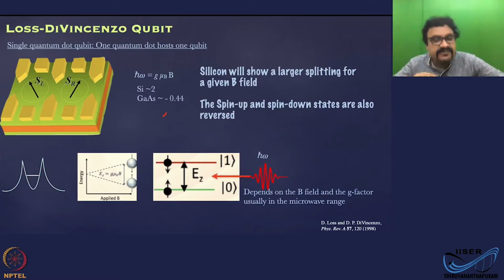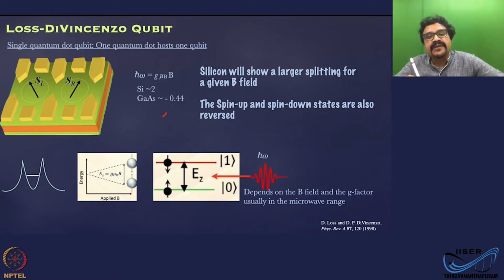You apply a magnetic field, and this state will split into two states, up and down. The separation between these two states is given by an energy scale g mu B times B, where g is the g factor, mu B is the Bohr magneton, and B is the magnetic field.